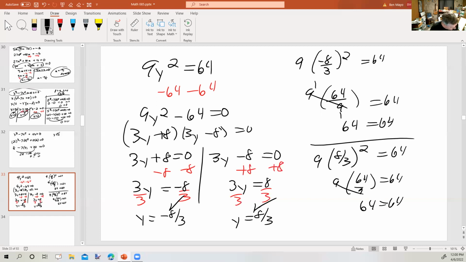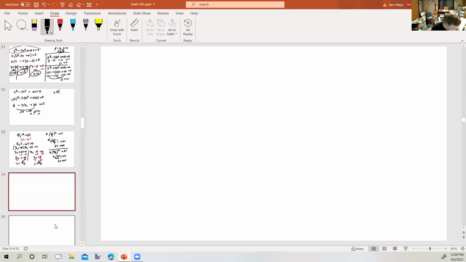Okay, now, what about, let's see, where did it go? There it is. What about this one? 2m squared minus 8m equals 2m minus 12. So this is a second degree equation, but it's not in standard form.